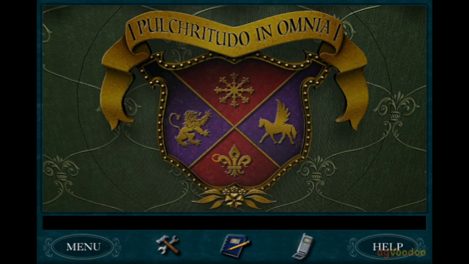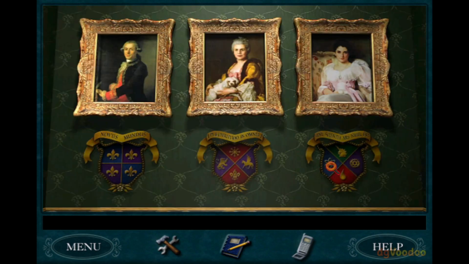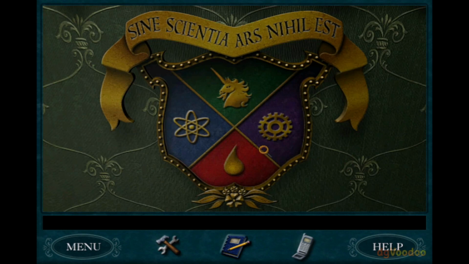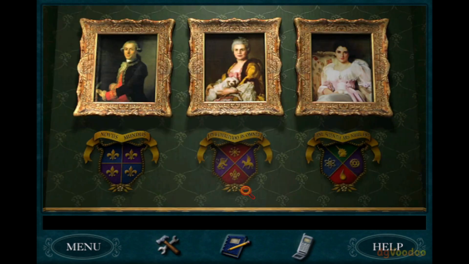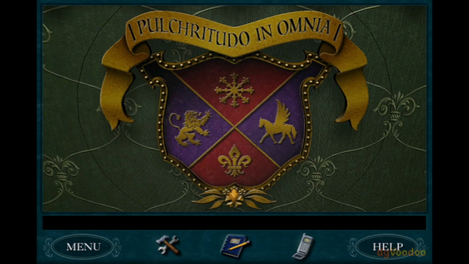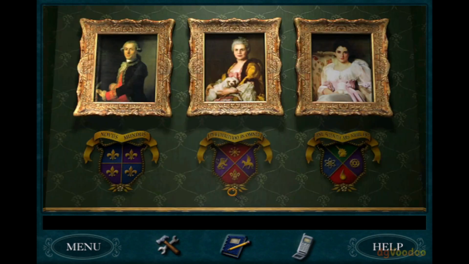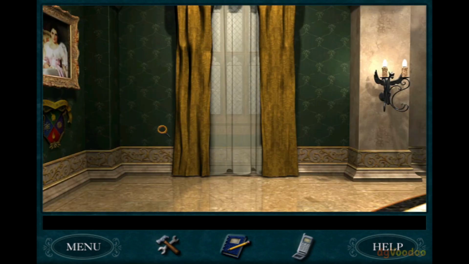Because I guess these are the coats, right? Well, we'll come back to that later.